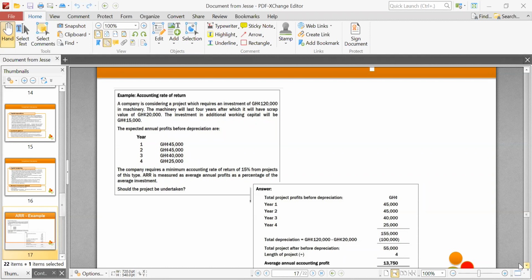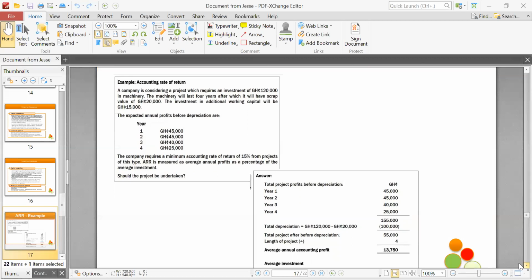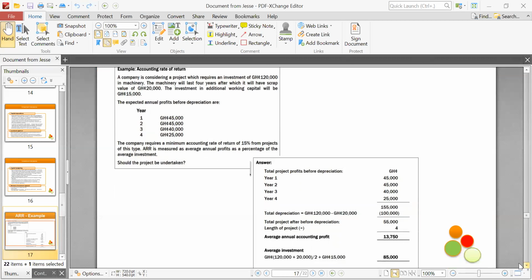Remember that we know profits before depreciation to be 155,000, and our depreciation value is 100,000. So if we take 100 from 155, we get profits after depreciation, which is 55,000. I hope that makes sense. Is it clear? Yes, sir.